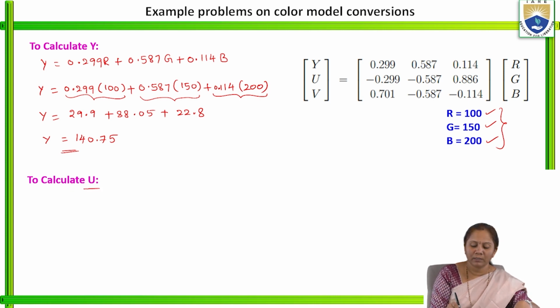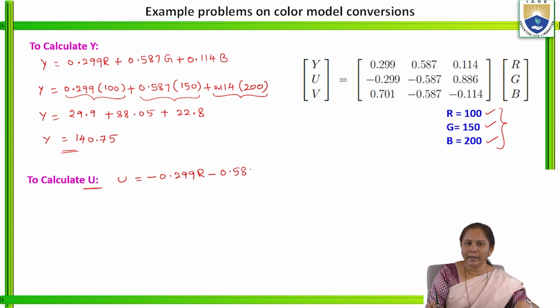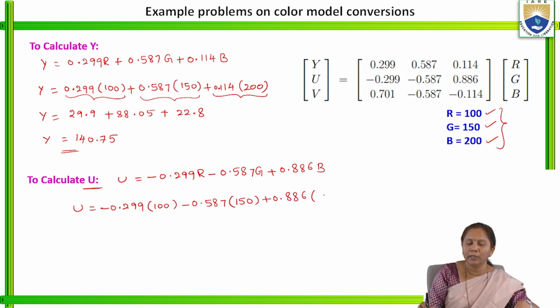Next we have to find the value of U. From this matrix, we can write U is equal to minus 0.299 into R minus 0.587 into G plus 0.886 into B. Substituting the RGB values: U is equal to minus 0.299 into 100, minus 0.587 into 150, plus 0.886 into 200.